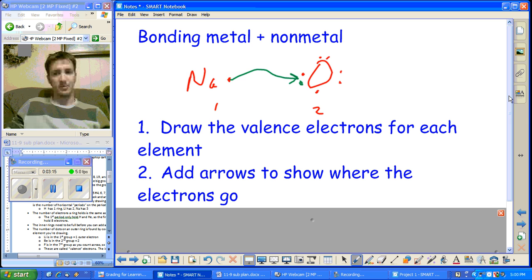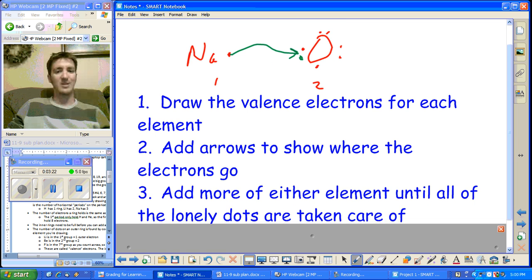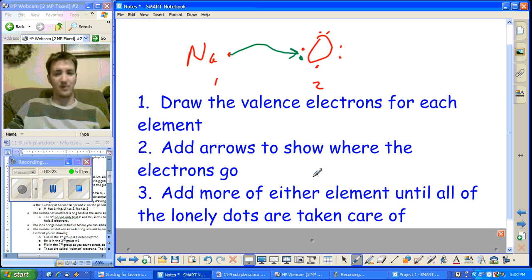The problem is, if oxygen wants 2, that sodium doesn't make the oxygen happy enough. So we need to add more of whichever element until all of the lonely dots are taken care of. So we need another sodium. And that sodium is going to add its electron to the oxygen. So now oxygen has a total of 8.